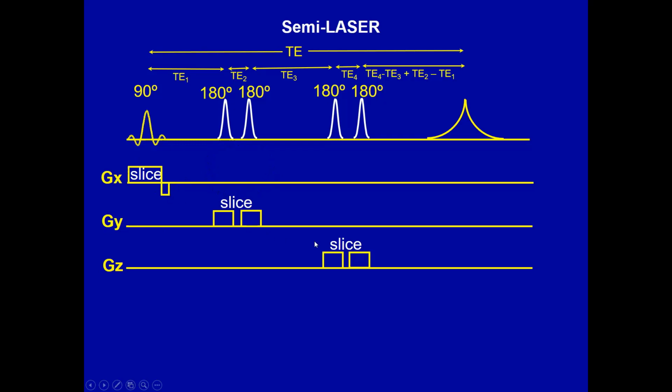You can choose which order you want to have these in. In principle, any order will work. And this, as I said, is increasingly being used now, including on clinical scanners. It works very well for many metabolites, glutamine included, if you can keep the echo time short enough.